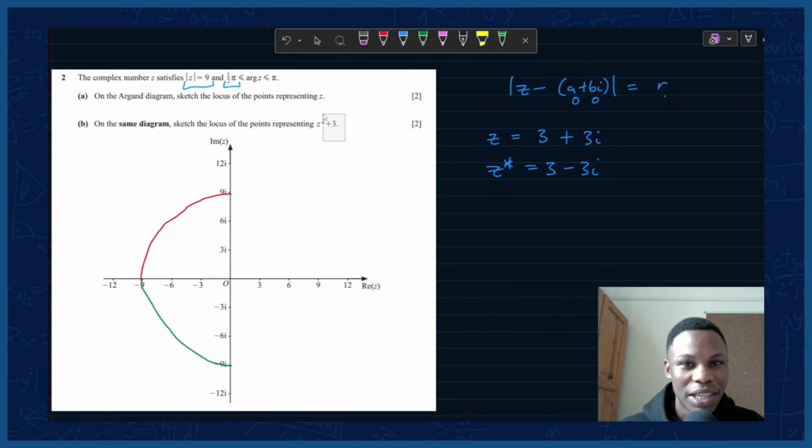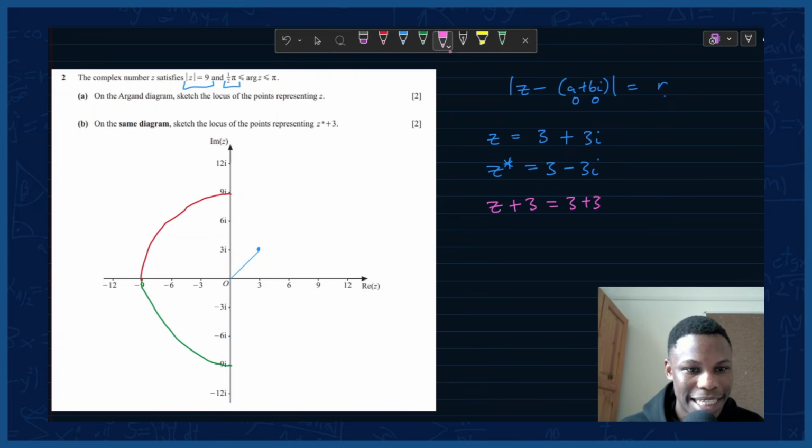Now, what about the plus 3? So again, we can go back to our example. We had z was 3 plus 3i. Now I want you to think about what happens if I add 3. If I have z plus 3, this adds to the real part.